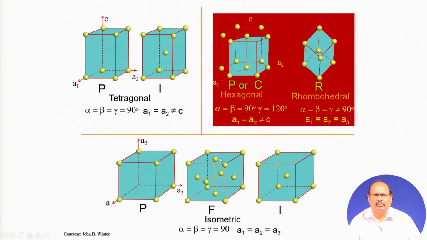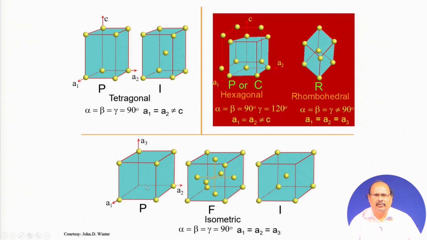So, the lattice nodes lie at the center of all the faces here, and in case of the isometric crystal system, you also have a body centered lattice here, where the lattice node is at the center of this particular crystal here.